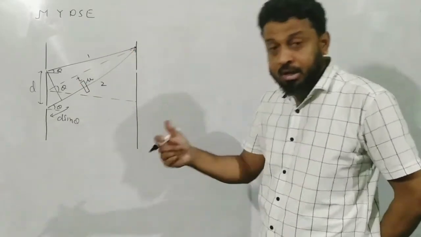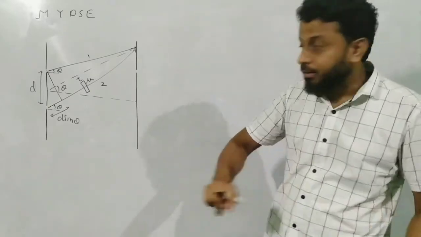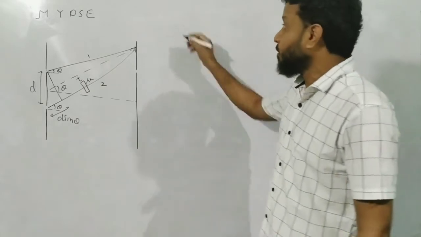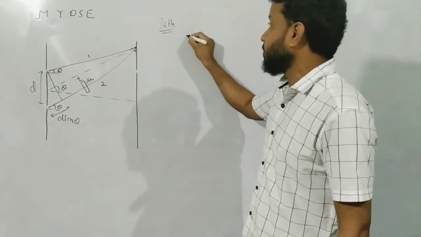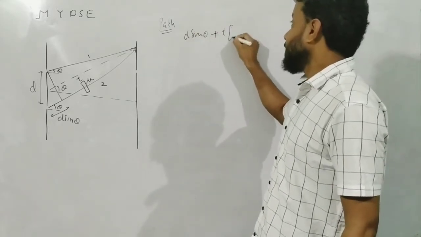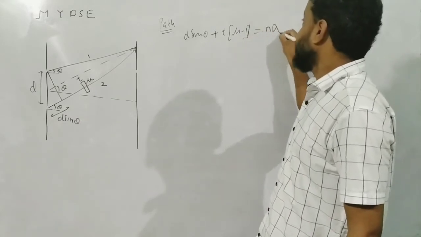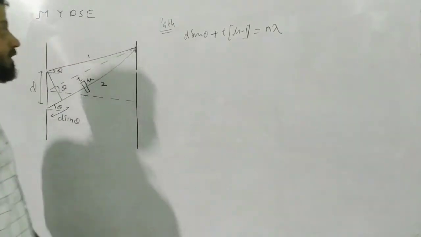So geometrically you are traveling d sin theta, and now optically you also travel an additional path. So overall, what is the path difference now in this case? The path difference will be d sin theta plus t(mu minus 1) equals n lambda for maximum and (2n minus 1) lambda by 2 for minimum.